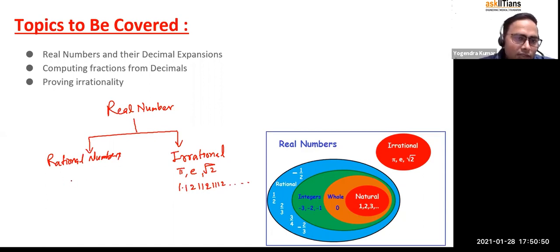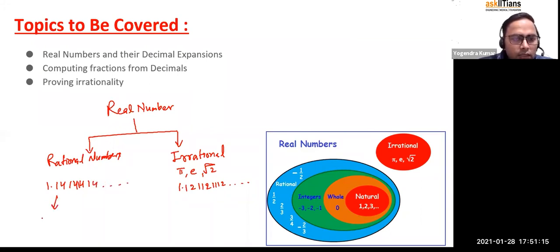These are whole numbers, natural numbers, integers, fractional numbers. And especially I want to talk about this form, 1 4 1 4 1 4, like that it continues.